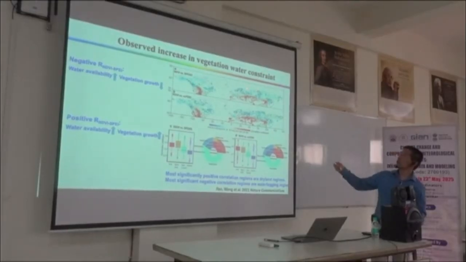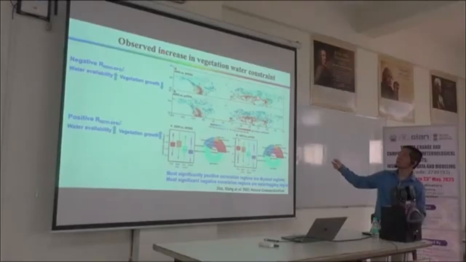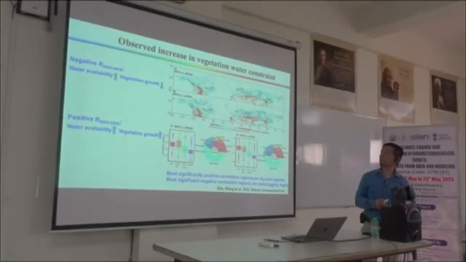And then when you look at the bluish color, that's all negative correlation, right? So they are all located in the higher latitudes. So that already tells us the correlation actually makes sense. The lower latitude is the dry land, right? So they have a positive correlation. And for the higher latitude, you have a negative correlation, right?